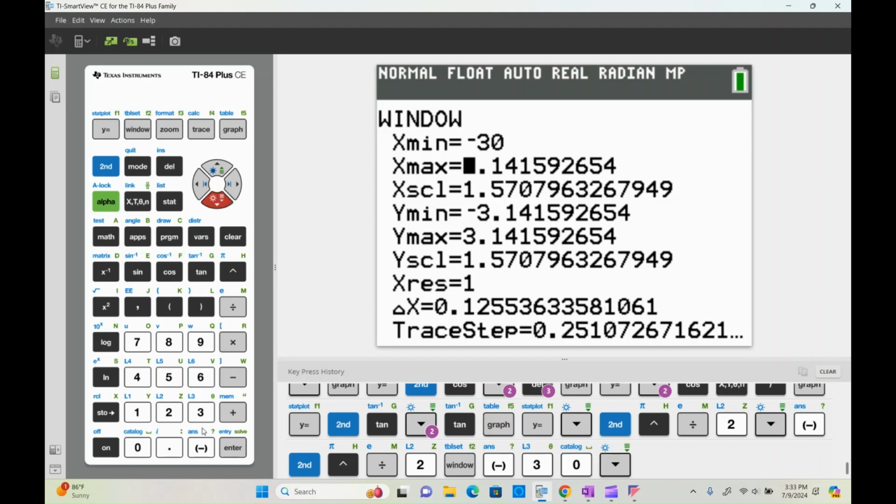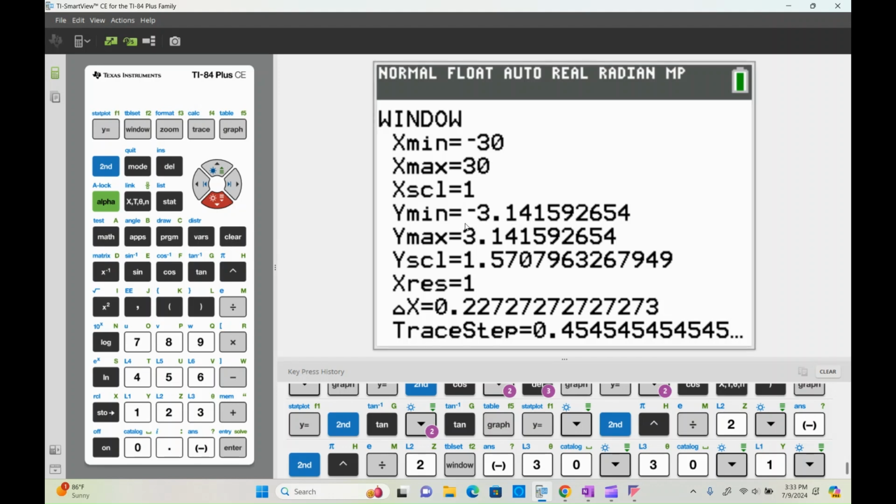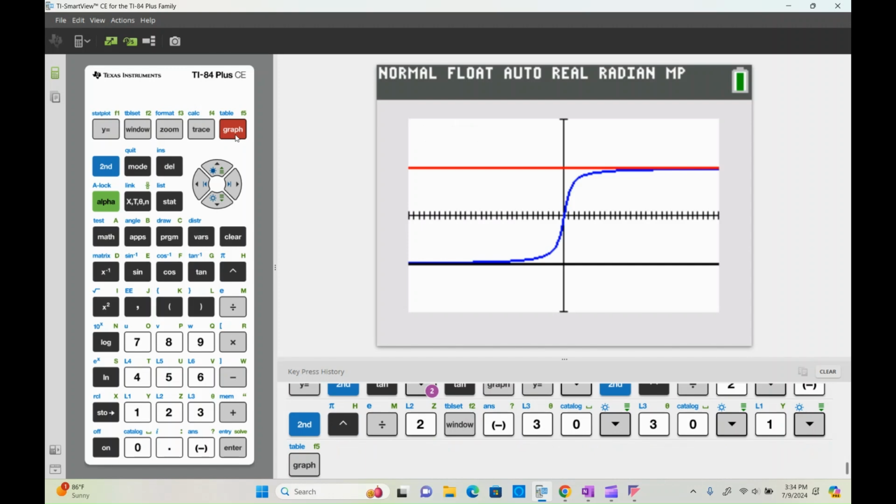That's a pretty far range here. I'll just count by ones. And in the y direction, we don't really need to go any further than we already are. Minus pi to pi will work just fine here. So let's hit graph. And you can see that the blue curve, which is our inverse tangent, does actually have two horizontal asymptotes, one at minus pi over 2 and one at positive pi over 2.